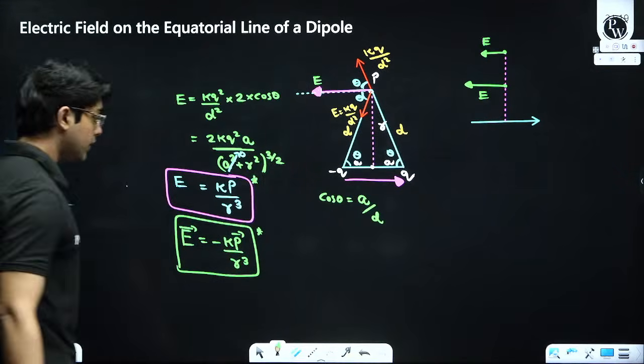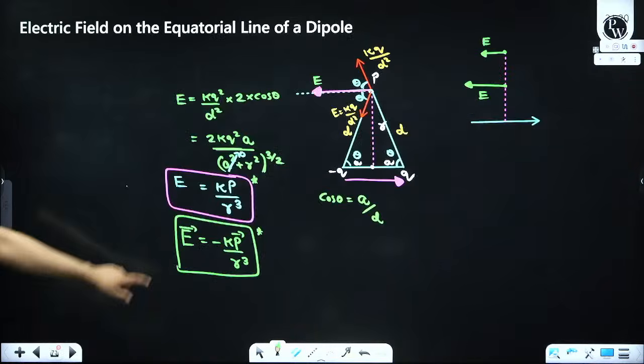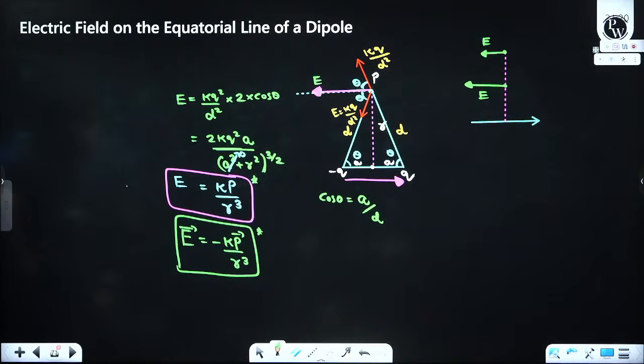So in the axial case, there is only an extra 2 in the numerator. In the equatorial, there is no 2 in the numerator, right? So that is the field due to dipole.